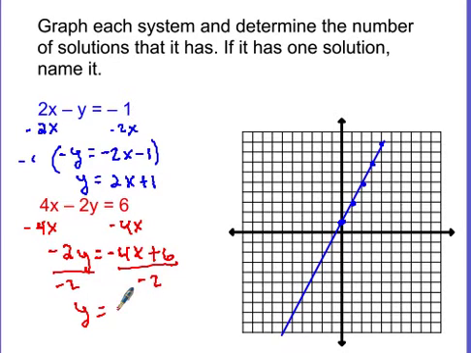So y is 2x minus 3. 1, 2, 3. So down to left 1. 0 solutions.